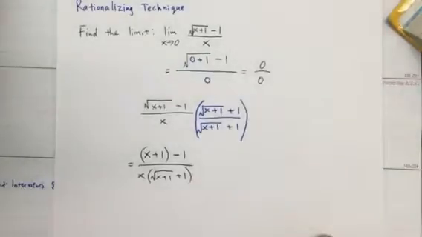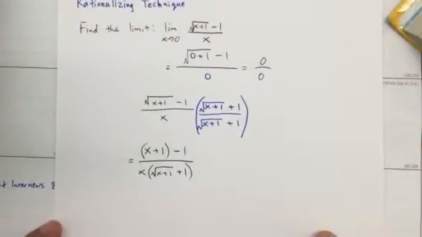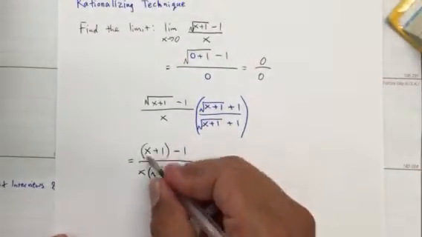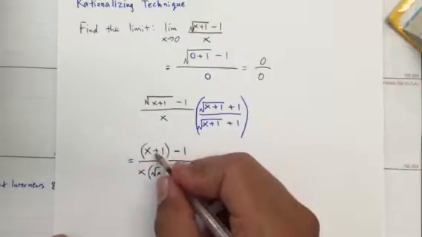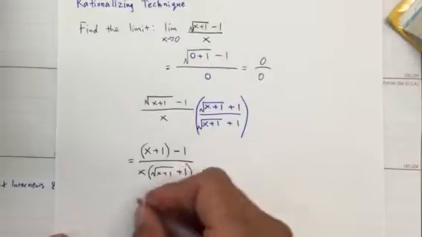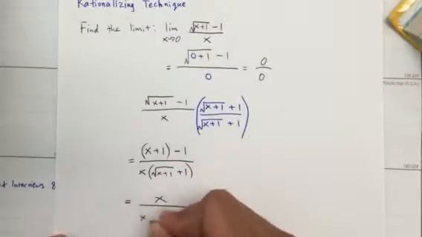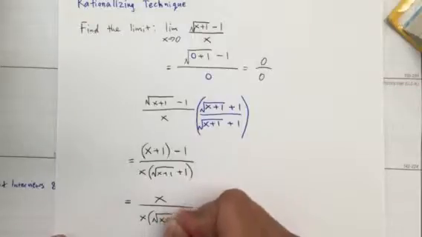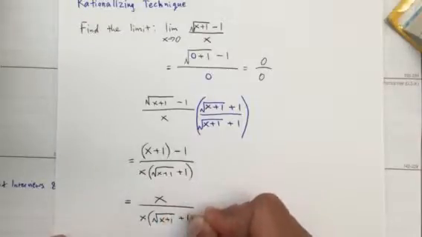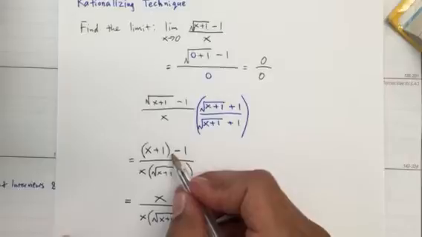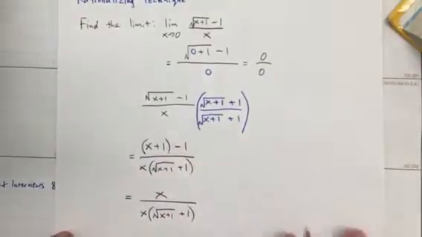Now we're going to simplify. Let's multiply this out, or actually subtract 1. We're left with x over x times the square root of x plus 1 plus 1. Notice that the only thing I did here was subtract 1 from this expression.